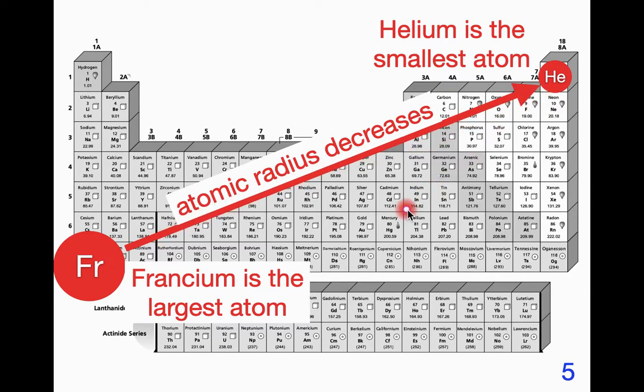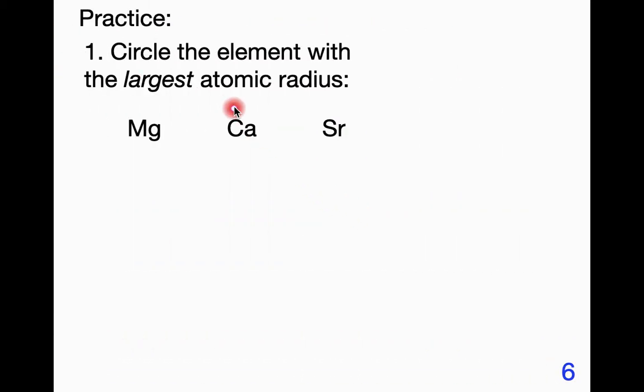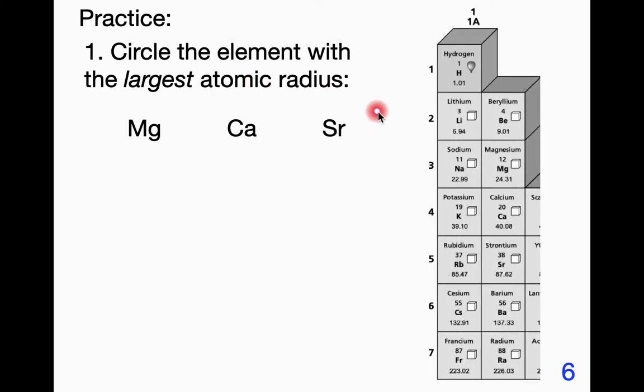Okay, so let's see how we can determine relative size. Circle the element with the largest atomic radius. Now, you're not going to be given just any random three elements. They're going to be related in some manner, either in the same period or the same family, or just close to one another. So magnesium, calcium, and strontium are all right here.